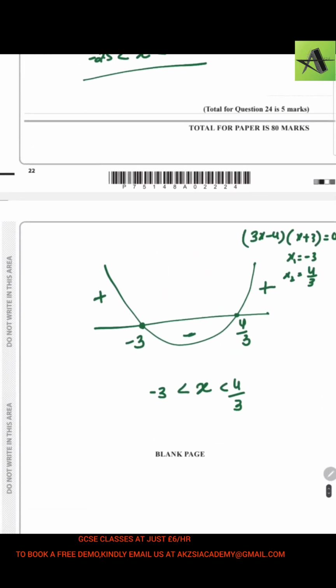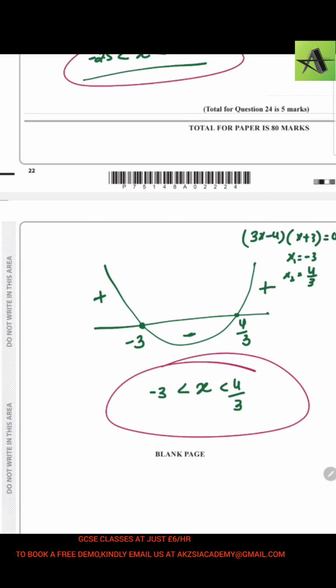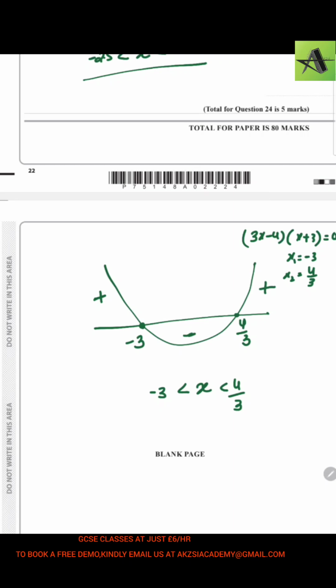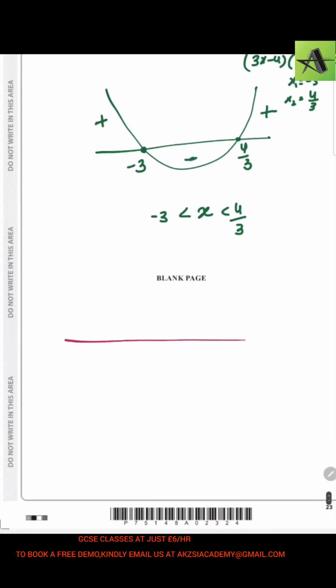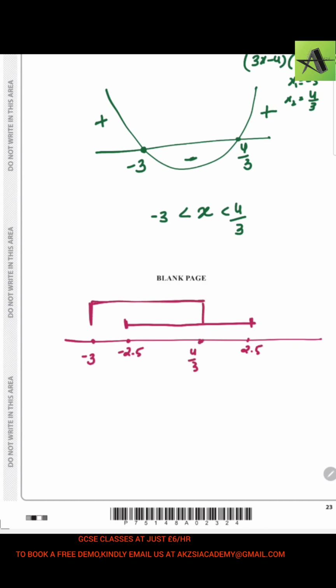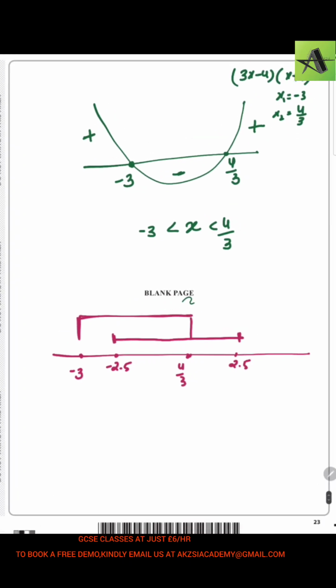So I need to see the overlapping of the inequalities. This is my first inequality and this is my second inequality. If I draw this, the first inequality is from −2.5 to +2.5, and the second inequality is from −3 to 4/3. The final answer is the overlapping of these two.